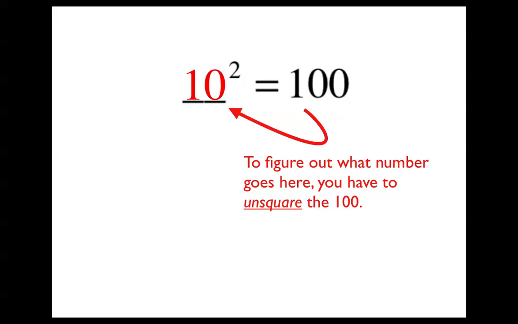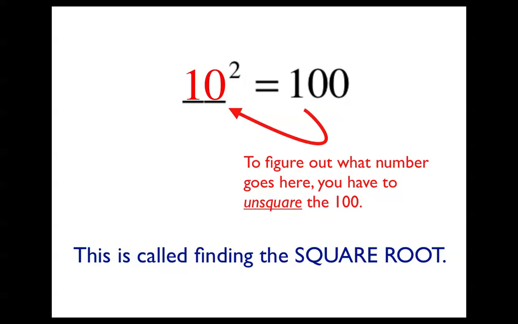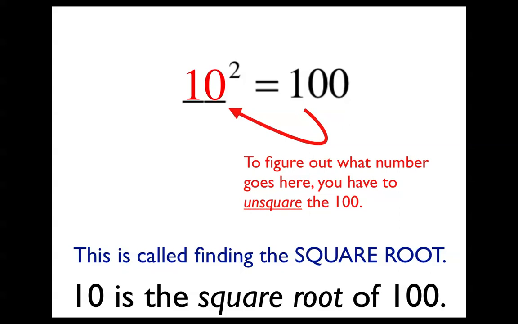That's not too difficult. But what you just basically did is unsquare the 100 because you needed a number times itself that made 100. And when you unsquare a number like that, you just found what's called a square root. Okay, so a square root is when you unsquare something, and 10 is the square root of 100.